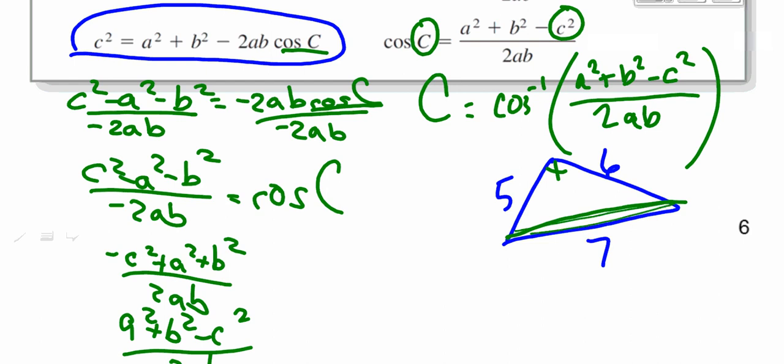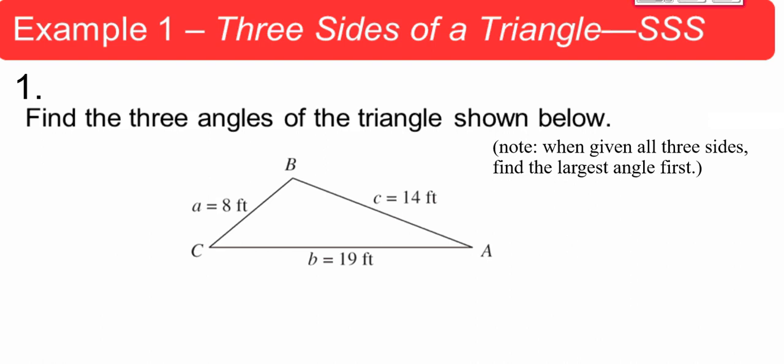That's not an issue if you use the law of cosines to find all 3 angles, but if you then defer to the law of sines, it's always going to give you an acute angle, whether the actual angle is acute or obtuse. So when you're using the law of cosines, a nice rule of thumb is to find the largest angle first. And so here's our first problem.